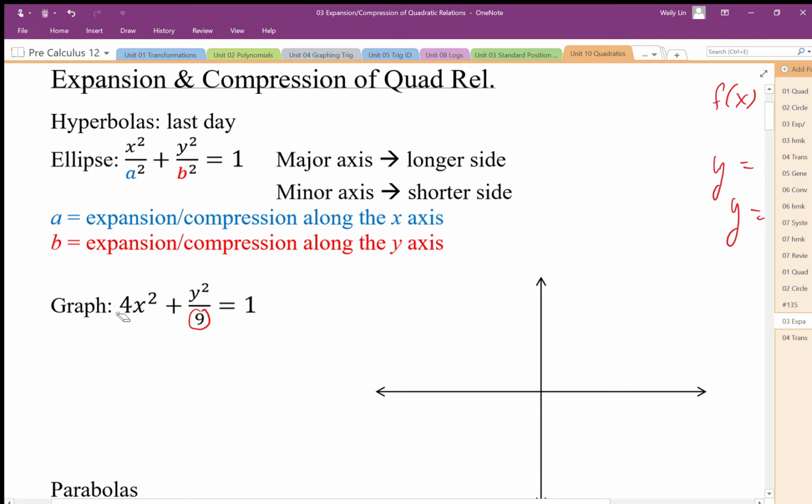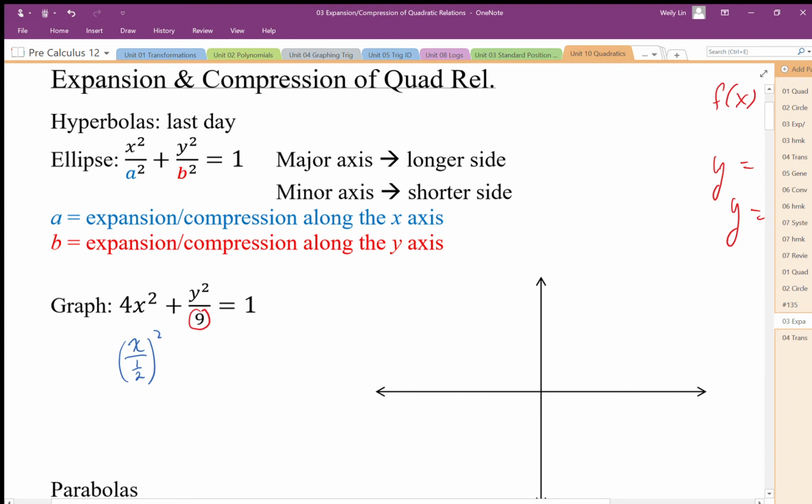It's a little bit tougher here. What we can think of this is that this is basically 2x squared. So we can really think, oh, that's a horizontal compression. Now, if we want to be consistent, we could do this. We could write it like this: x over 1/2 squared.